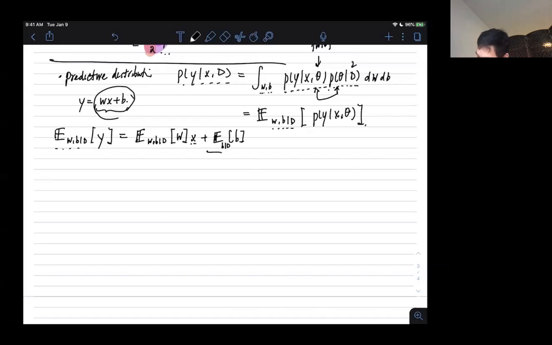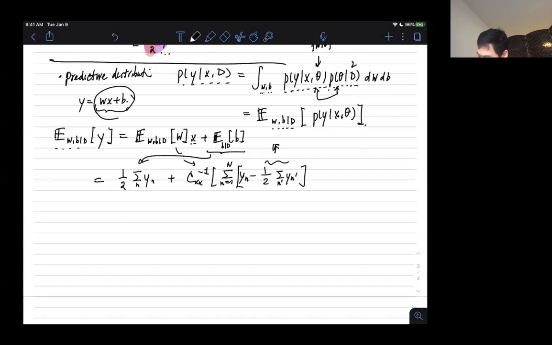And now let's write this one first. This one is simply, as we know, half of the sum of all the outputs in our data, right? And if we get this, we're going to write it as Cxx inverse, sum over n going from 1 to N, y_n minus 1 over 2, sum over n prime going from 1 to N prime, because this is just the expectation of b.